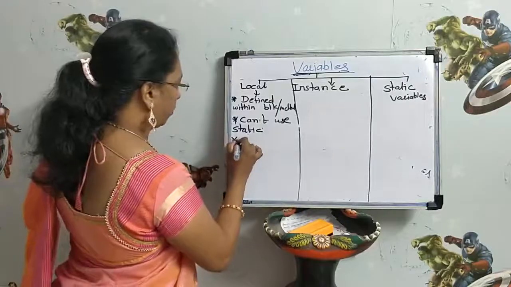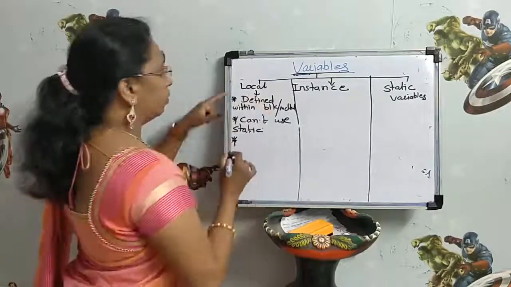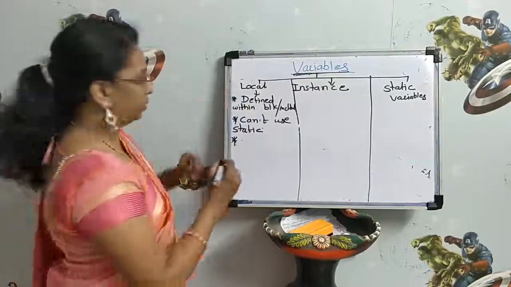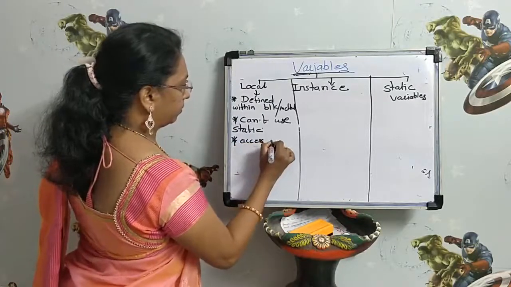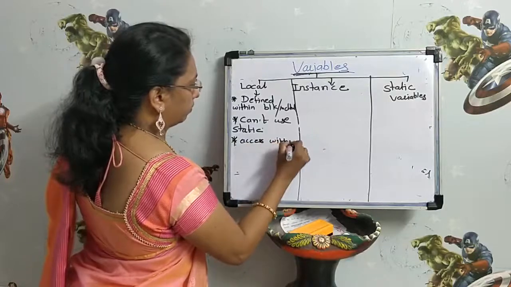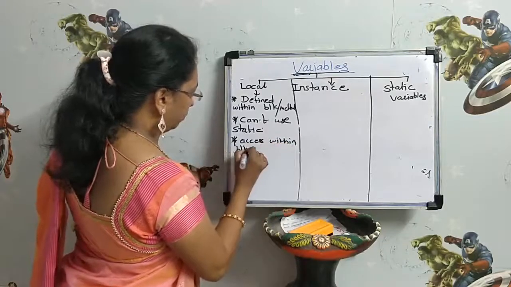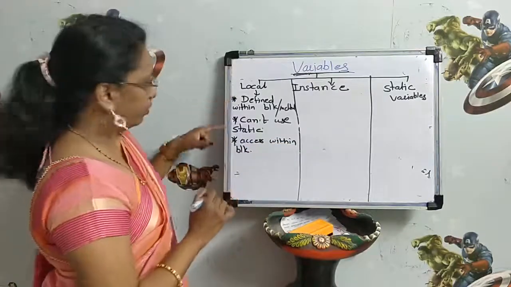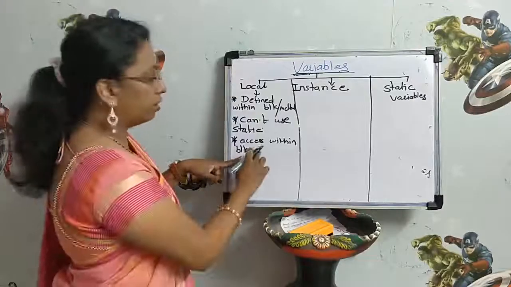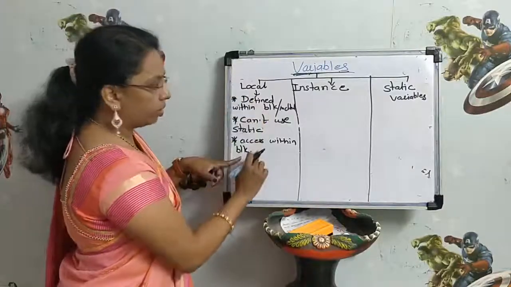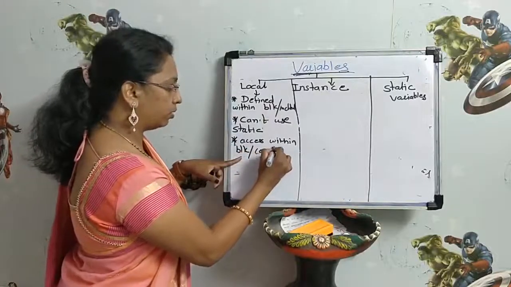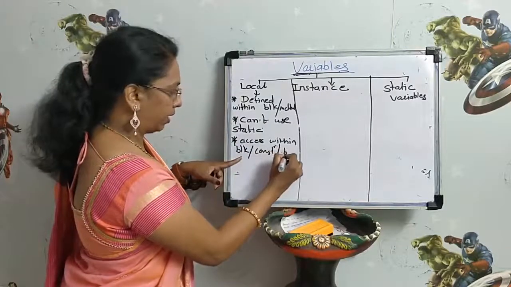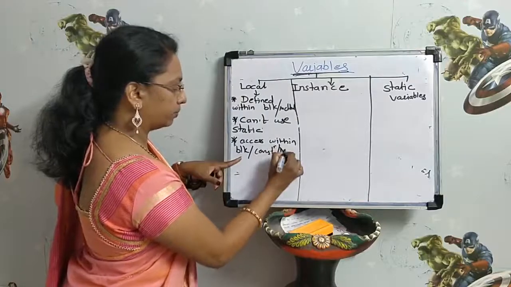Okay, and what about access? Here we can access this local variable within the block only, or within the method or within the constructor.